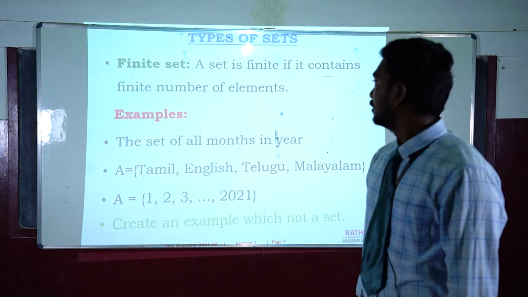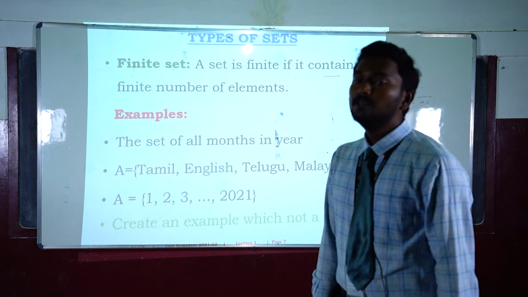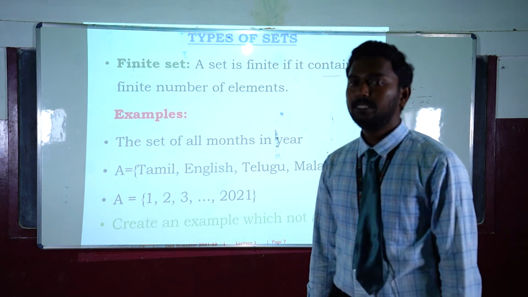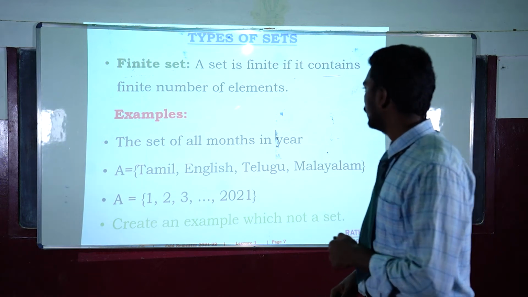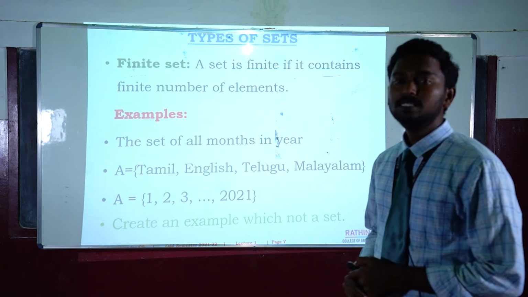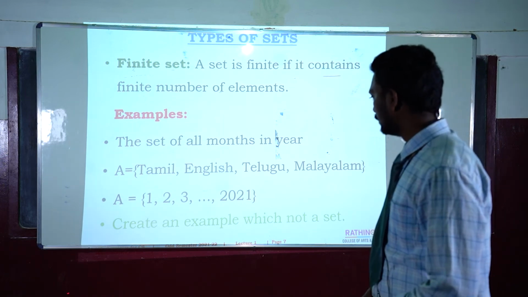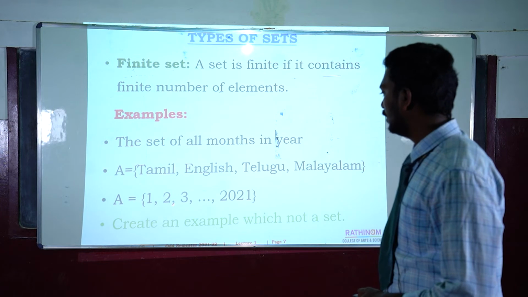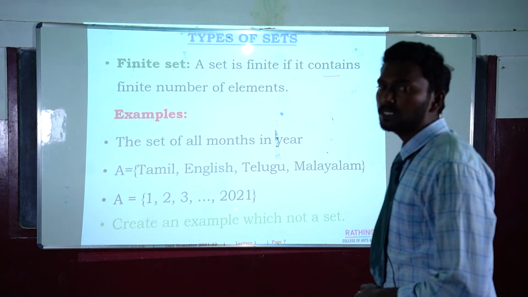Okay, next one, types of sets. There are many types of sets available. First we are going to see the finite set. What is a finite set? A set which contains only a finite number of elements is called a finite set. For example, just look at your A: 1, 2, 3, etc. At the end is what? 2021.